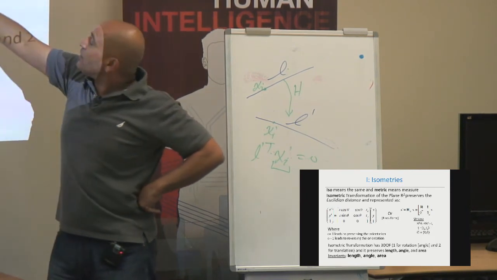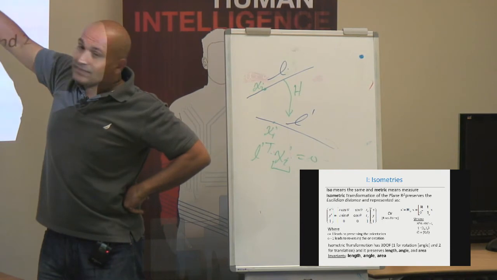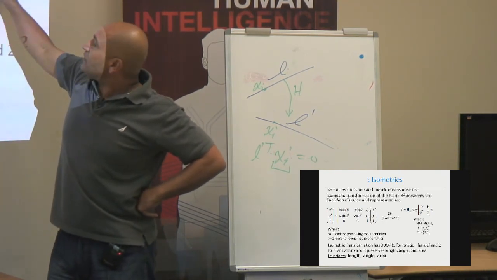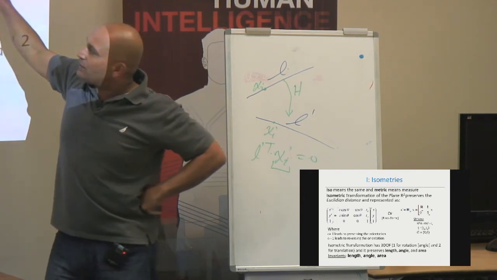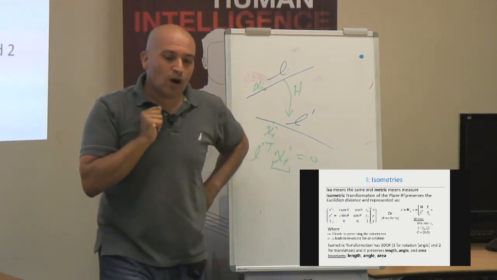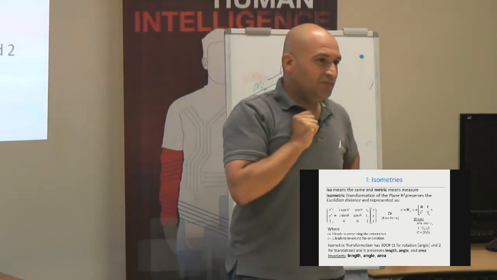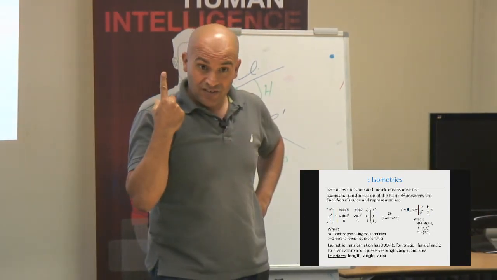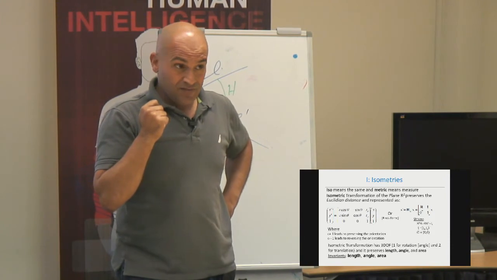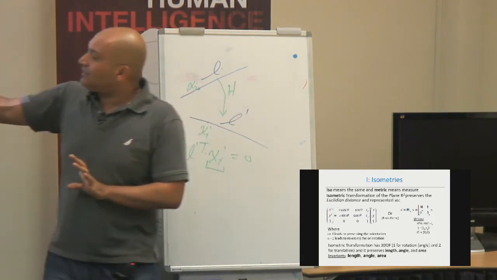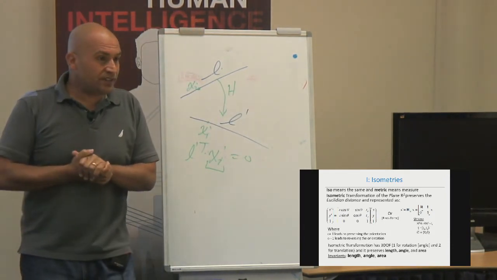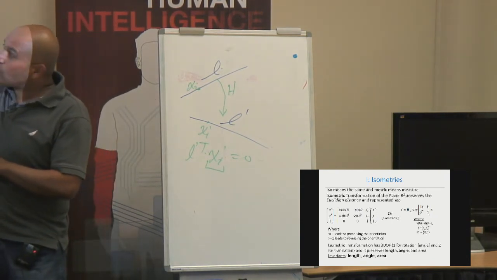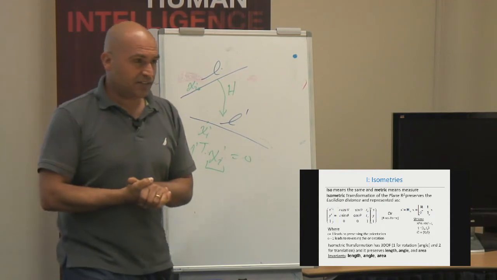And the only requirement on R is that R transpose multiplied by R gives us the identity matrix. This is the requirement of a rotation, because cosine squared plus sine squared gives us 1. This guarantees the form of this matrix. If it complies with this form and this requirement, it is an isometric matrix.